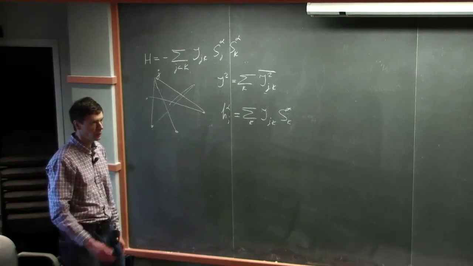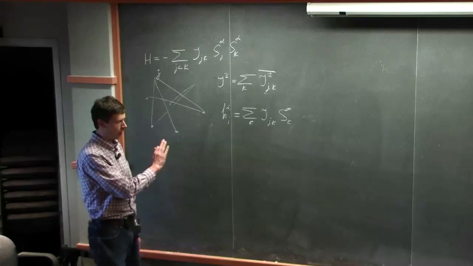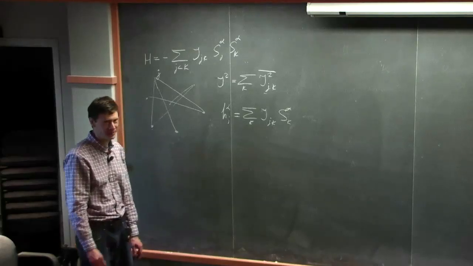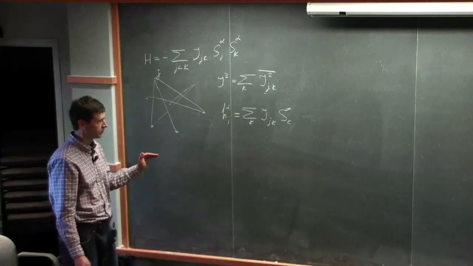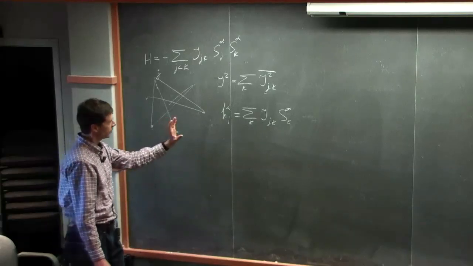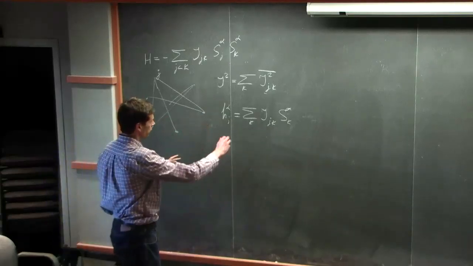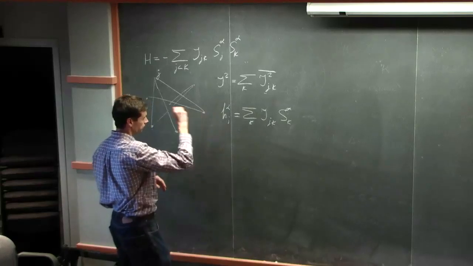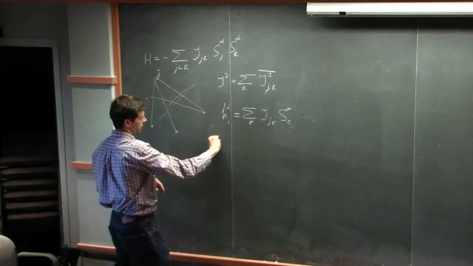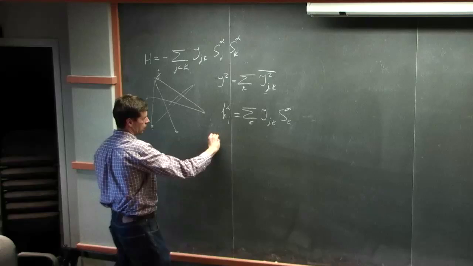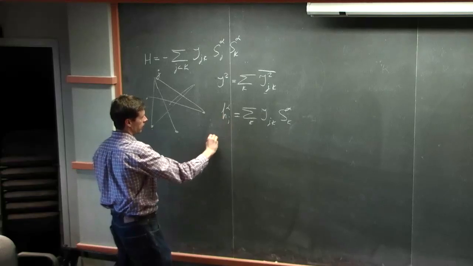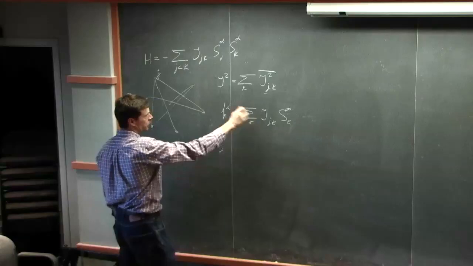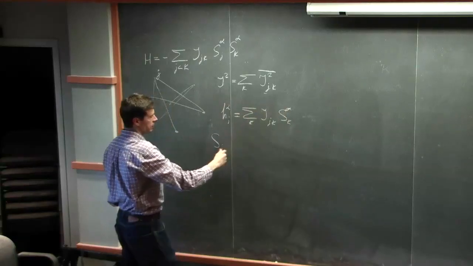Everything I will do today is mean field, but that doesn't mean that it's completely trivial. This mean field allows us to write average correlators like S_j. Let me drop these upper indices.